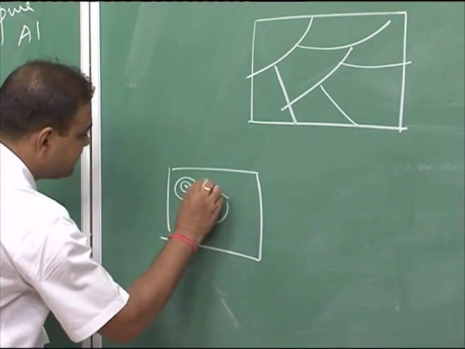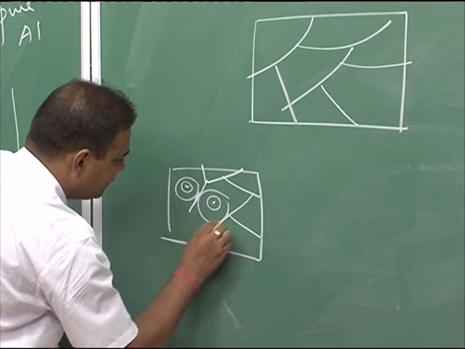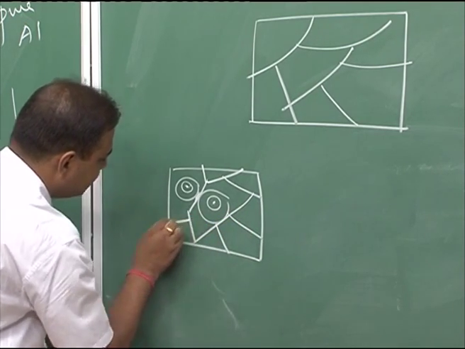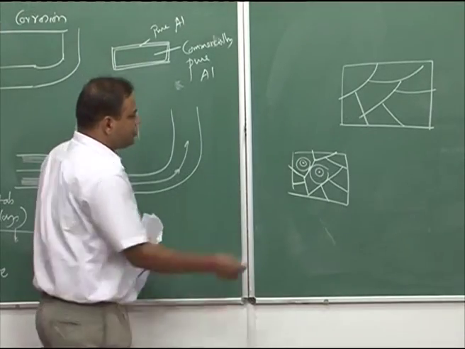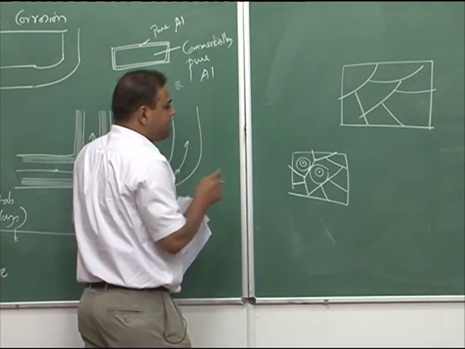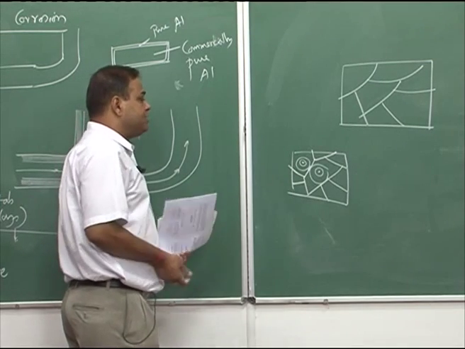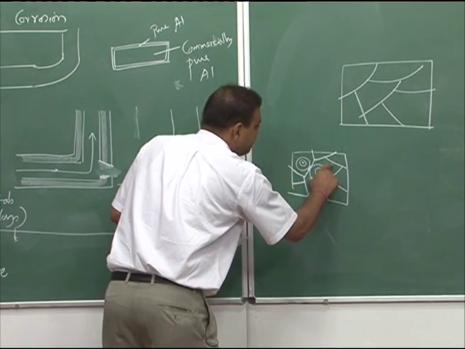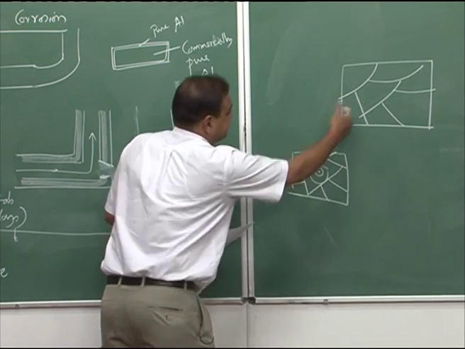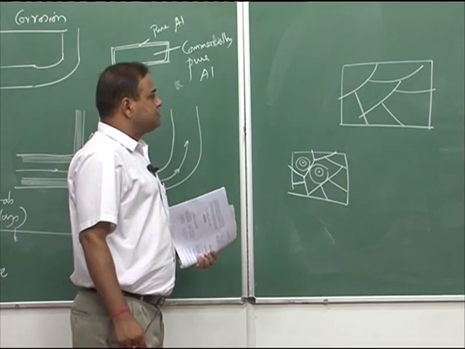So, when impingement happens like this, each section is a small grain, and those nuclei were growing, and finally they impinged and it takes the shape like this. So, this is a polycrystalline structure.